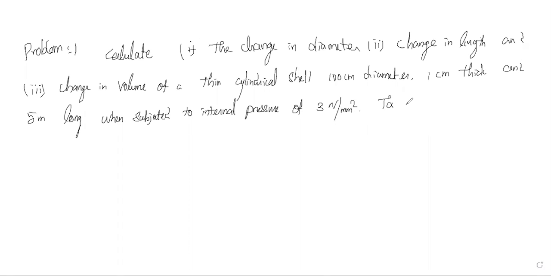Take Young's modulus E is equal to 2 into 10 to the power 5 Newton per mm square, and the Poisson's ratio mu is equal to 0.3.